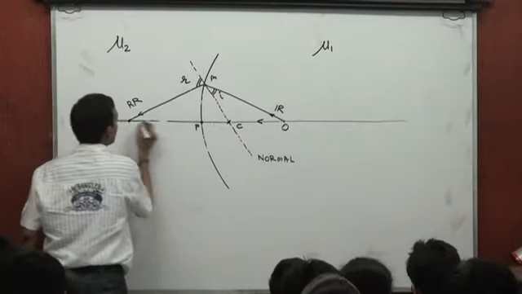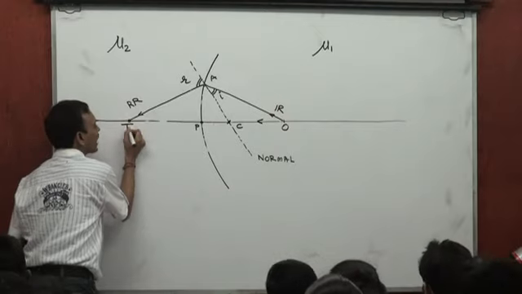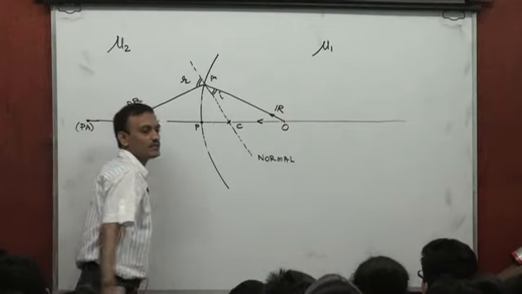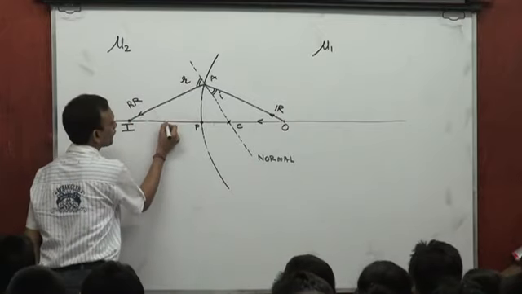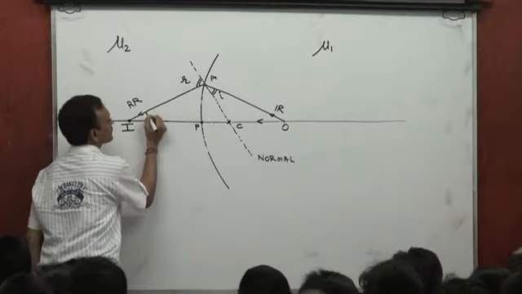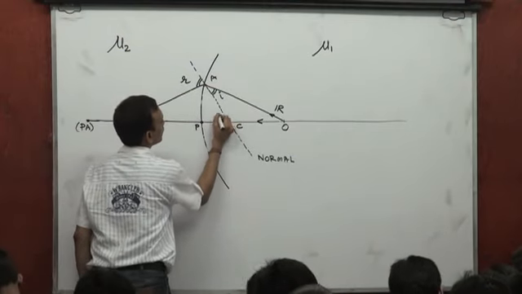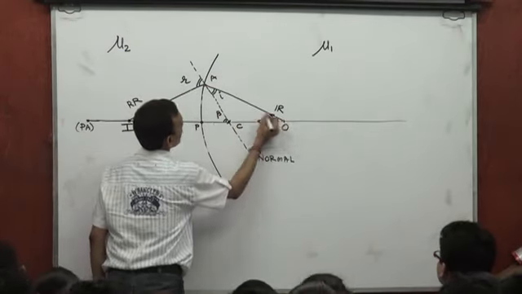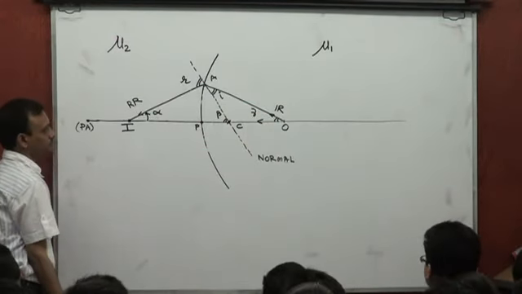So this is the second ray. And the two rays intersect at this point. So this must be the image I of the object. And let's call these angles alpha, beta and gamma.